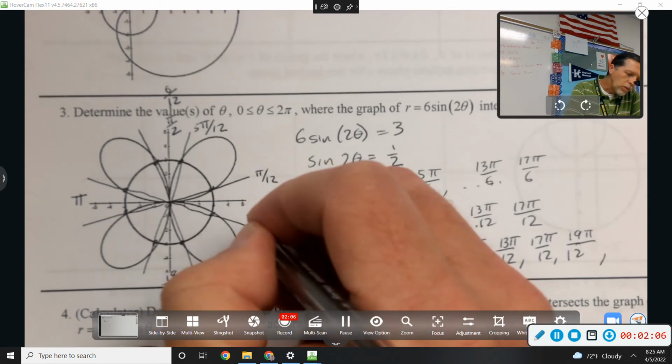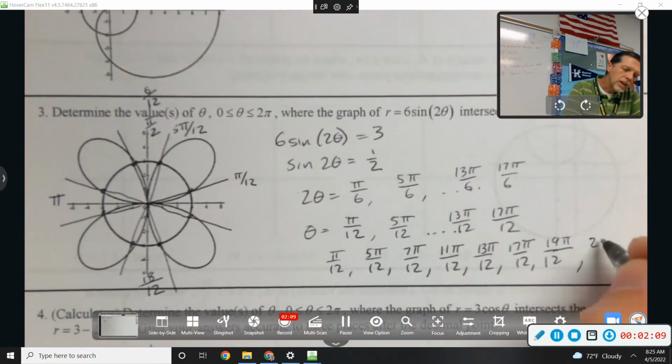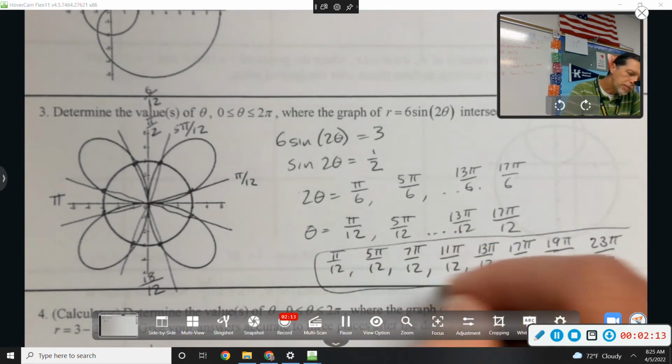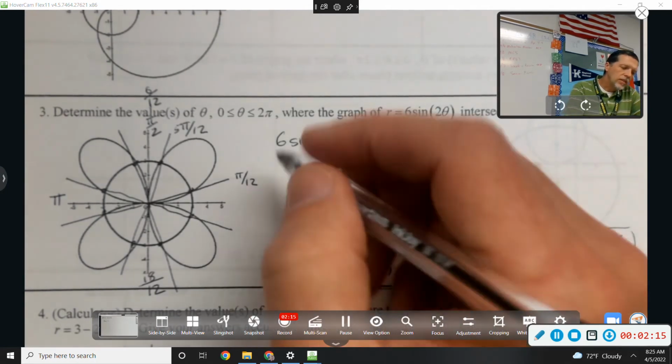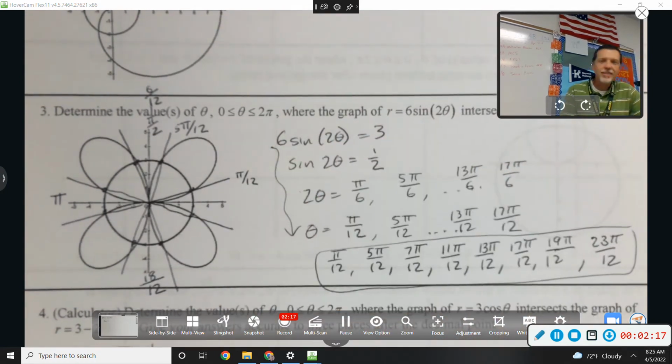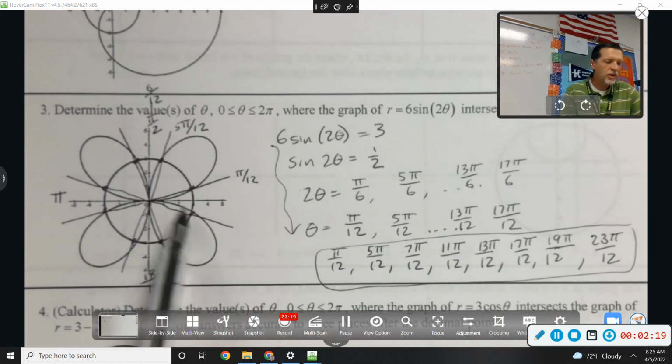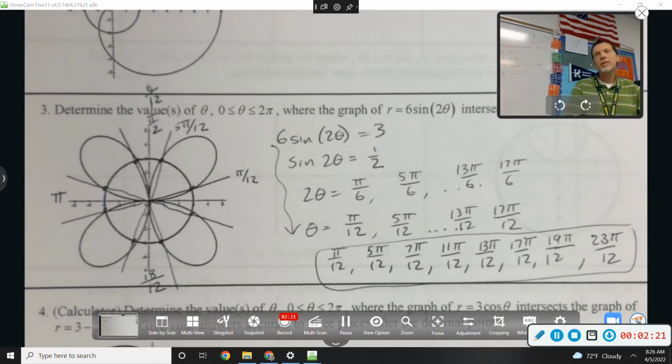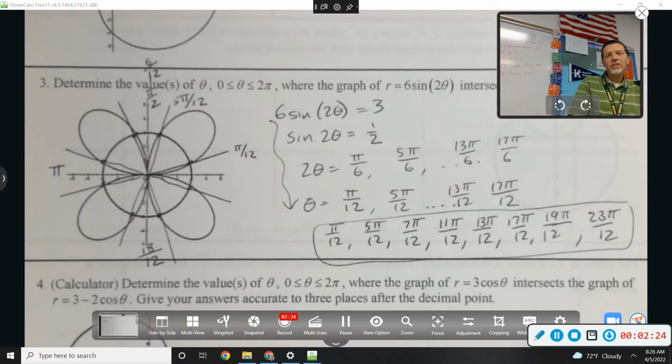And then 1/12 from all the way around would be 23 pi over 12. So the regular pre-cal gets you some of the answers, but looking at the picture helps you get the rest of them. So those are kind of tricky.